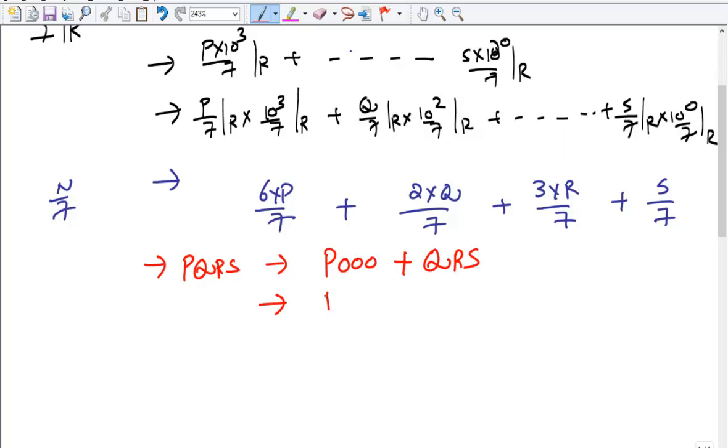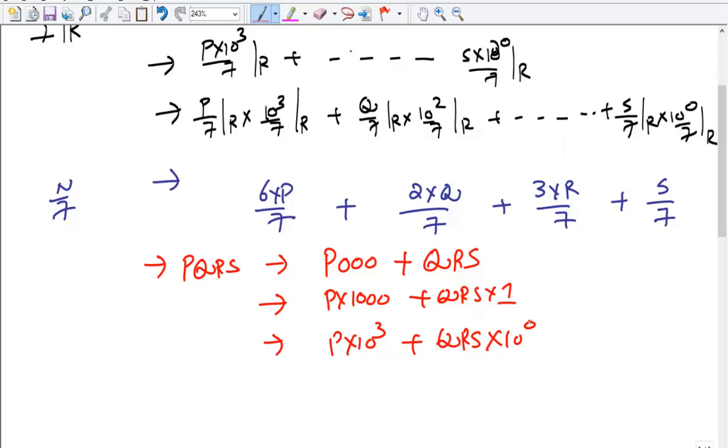This is nothing but P into 1000 plus QRS into 1. In such a case, this is going to be P into 10 cube plus QRS into 10 power 0. Now, we know that 10 power 0 is going to be 1. So, it is going to be 1, and QRS depends on QRS by 7.